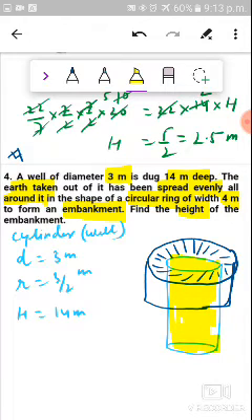Then the earth taken out is spread evenly all around it in the shape of a circular ring of width 4 meter.